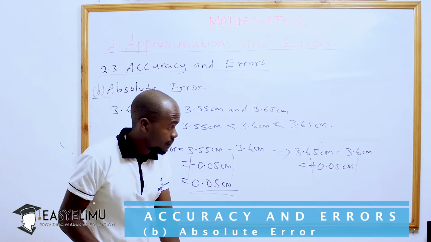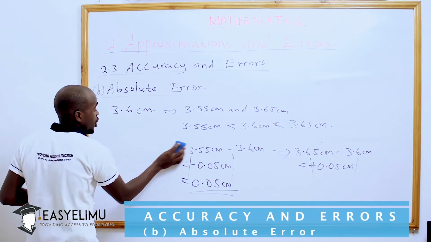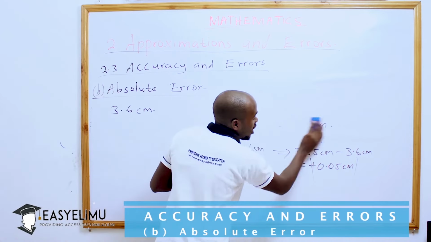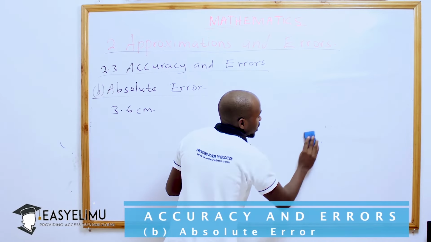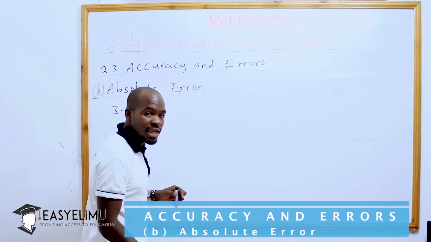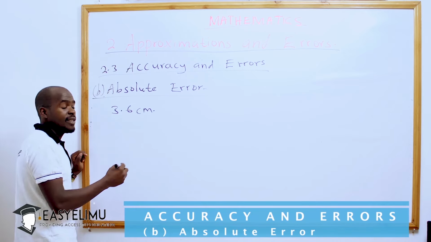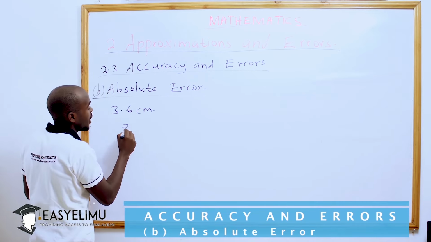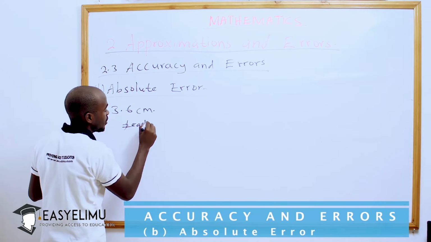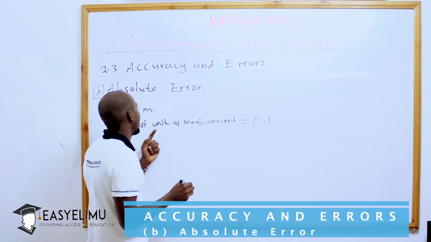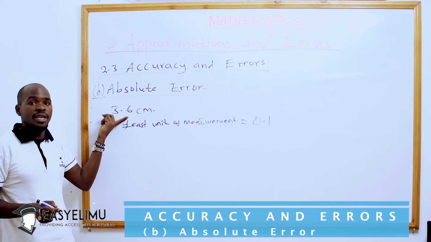But we know one thing. From here, we know that this measurement is measured to the nearest millimeter. If it is measured to the nearest millimeter, then it means the least unit of measurement used here is equivalent to 0.1. That is our least unit of measurement here.